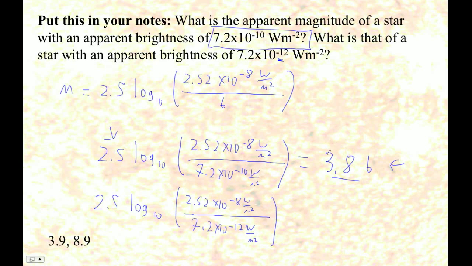When we plug this into our calculator, we should get not 5 times that, but 5 more. So 8.86 is what we should get. I'm too lazy to type it all in, so I go second entry, go back, and change the minus 10th in my previous entry to a minus 12. And I'm getting 8.86. So the world is a good place.